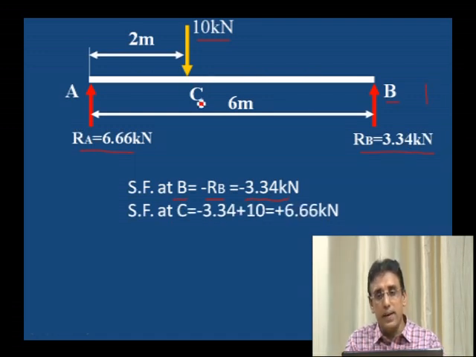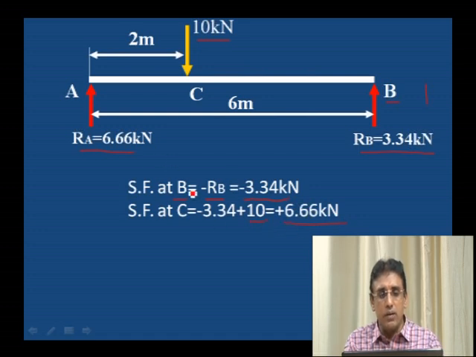Shear force at C, we already have minus 3.34, plus one vertical load of 10 kilonewton is acting. We have to add it to the 3.34 kilonewton. Therefore, minus 3.34 kilonewton plus 10 kilonewton becomes plus 6.66.